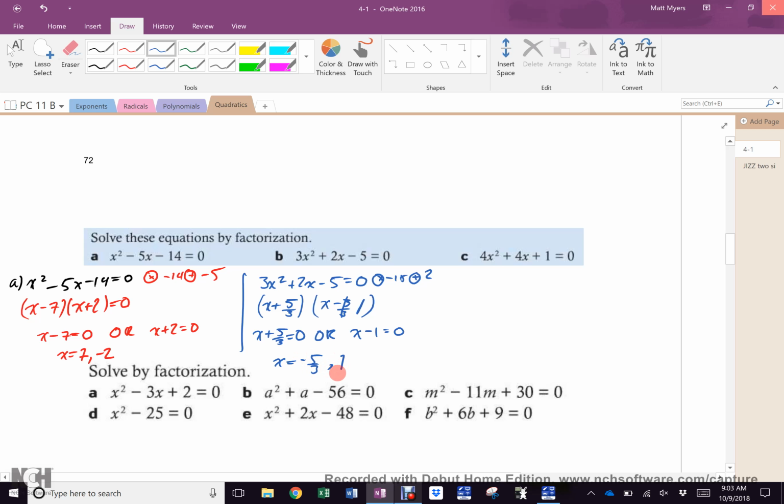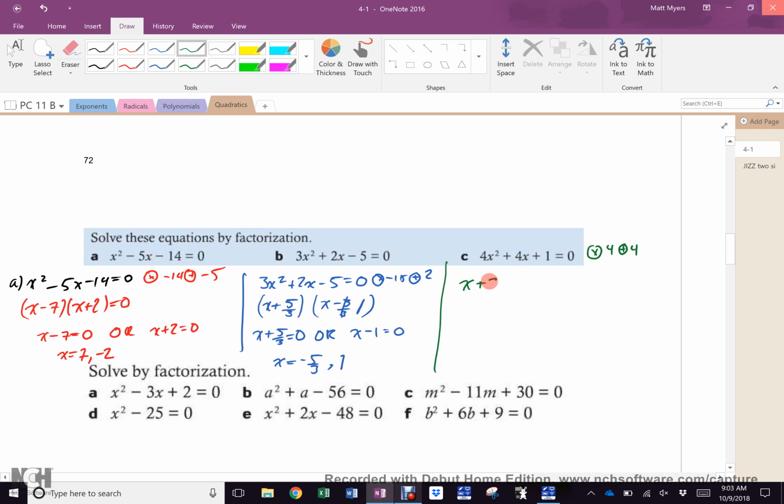Why did I know that automatically? That's up to you to figure out that little shortcut, because I don't want to tell you and confuse you. Everybody good? What's different in C? Anything different from B? Or do we follow the same method? Follow the same method. I know that I got to multiply to 4 and add to 4. What is it? 2 and 2.